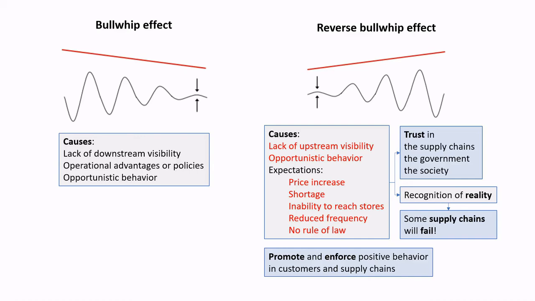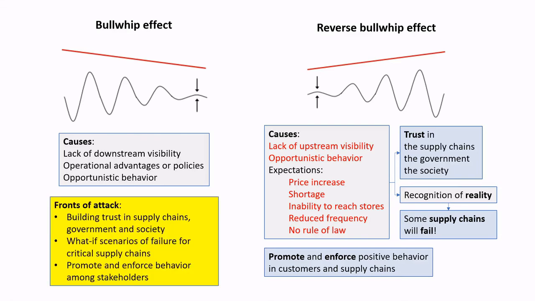And we have seen that in these cases. For example, if you go to a retailer right now and you want to purchase a lot of some products, they will not allow you to do it. They will maybe have generated policies to restrict how much a person can buy. And actually you can do several other things to promote and force positive behavior.